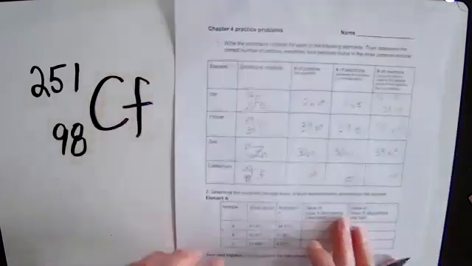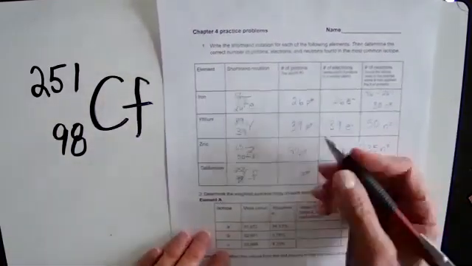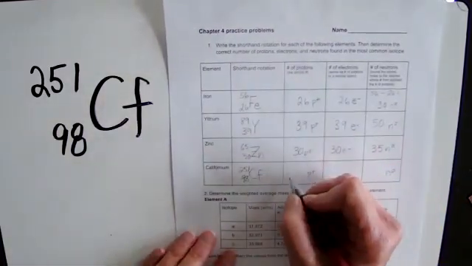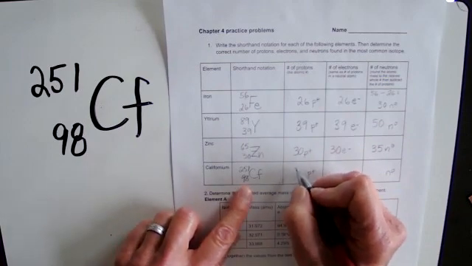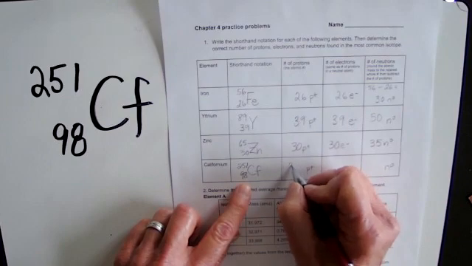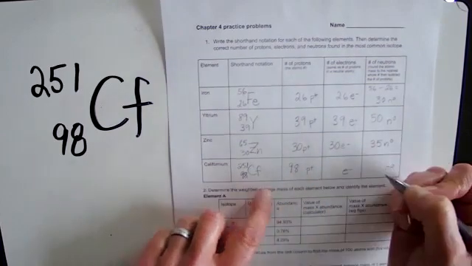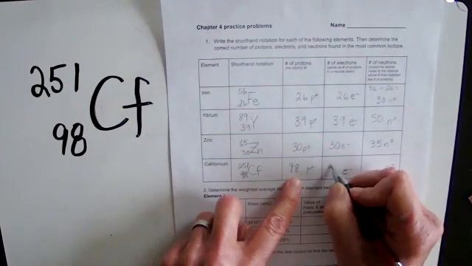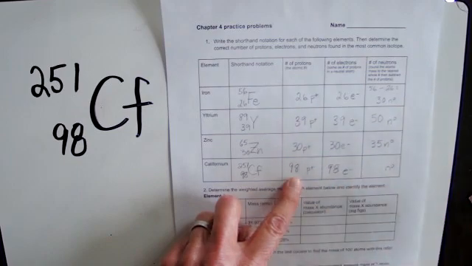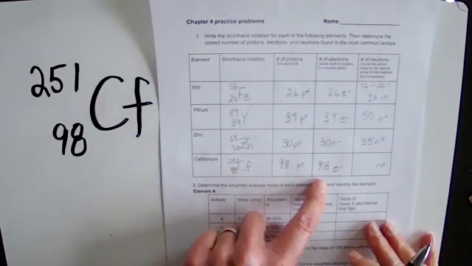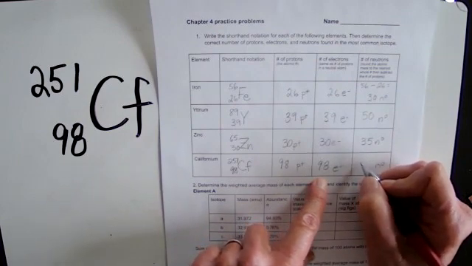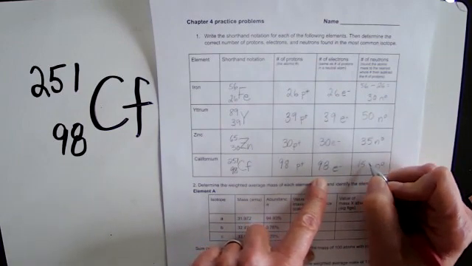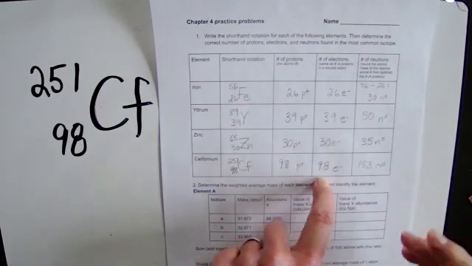So in our worksheet here, we would say protons, again 98, the same as the atomic number. That's what it tells us, the number of protons. That means that there would be 98 electrons when we have a neutral atom. And when we subtract 98 from 251, we get 153 neutrons.